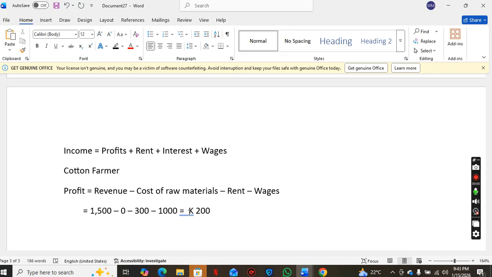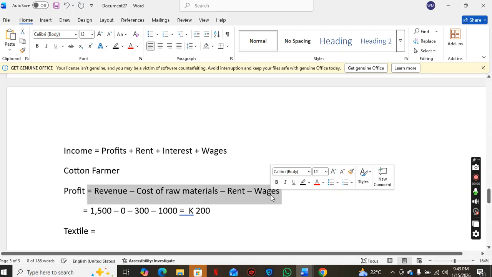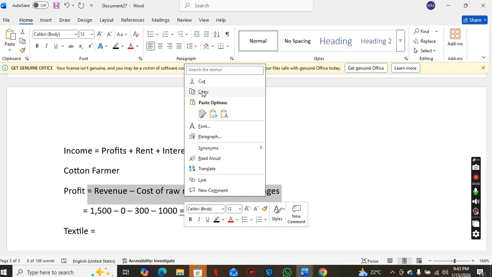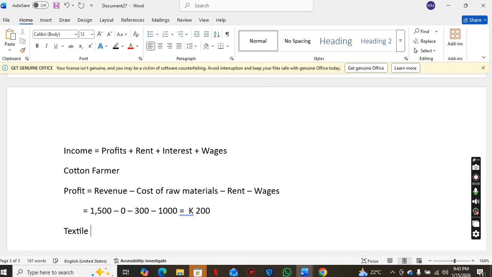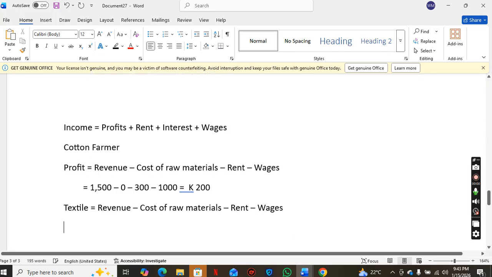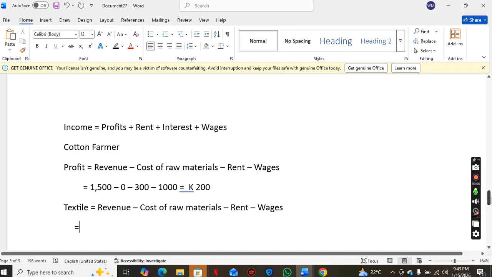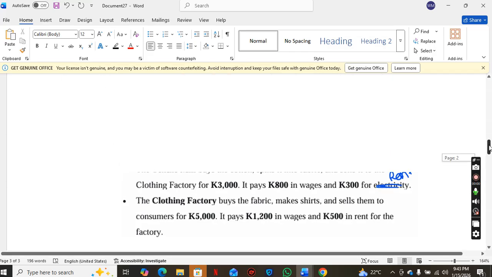The textile mill, again same formula here. At the textile mill, they sold their fabric for 3,000.